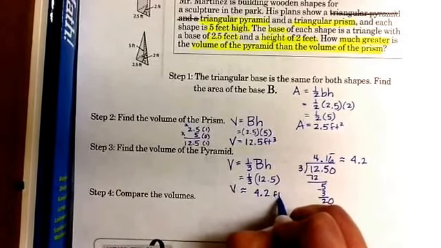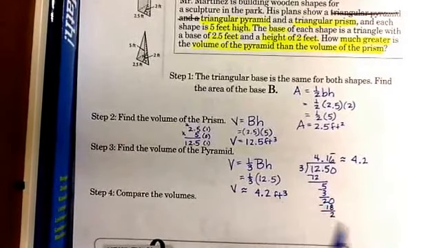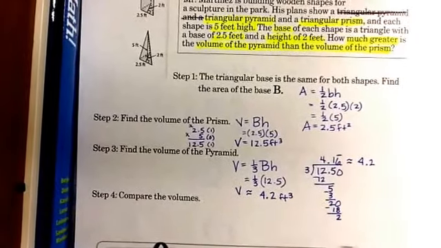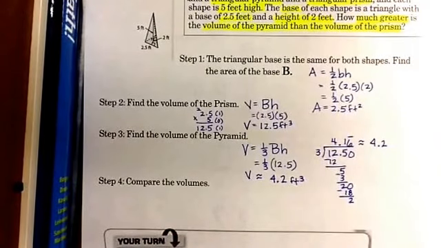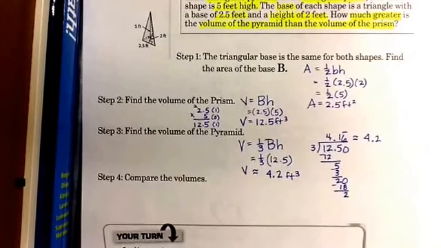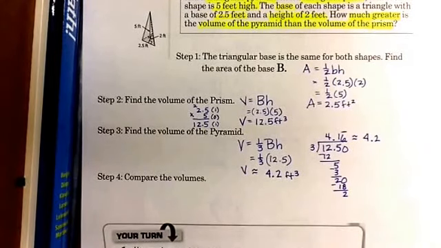2/10 feet cubed. So it's asking us to compare the two. How much greater is the prism? How much greater is the volume of the pyramid than the volume of the prism?